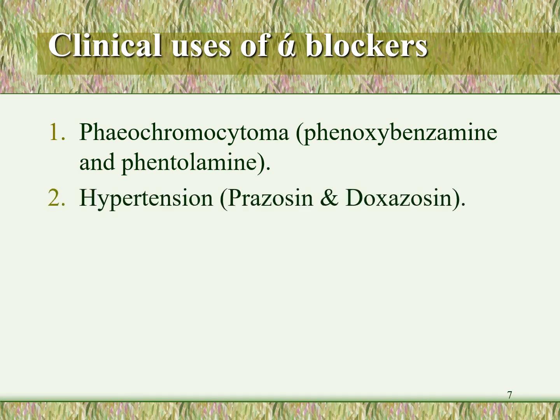Also, alpha blockers are used for treatment of hypertension, especially the selective alpha 1 blockers, prazosin, doxazosin, terazosin, because by blocking the alpha 1 receptors, they can lead to vasodilatation, and this vasodilatation can decrease the peripheral vascular resistance, and decreased peripheral vascular resistance will lead to a decrease in blood pressure.